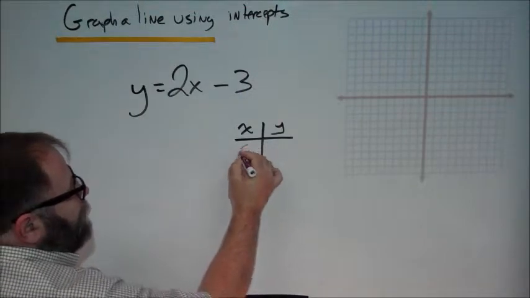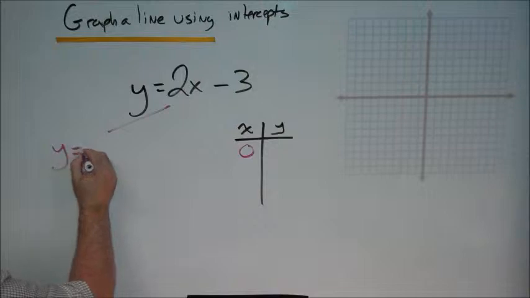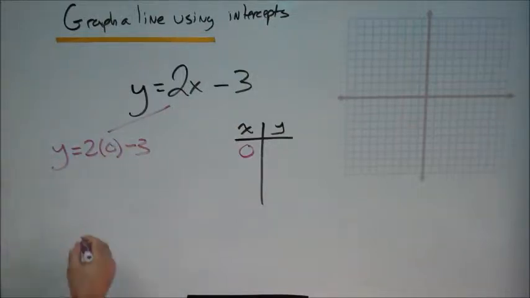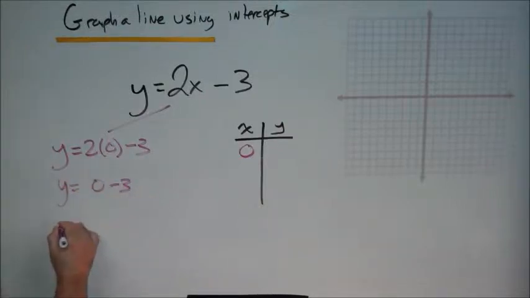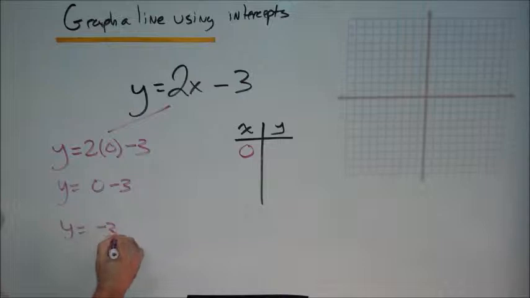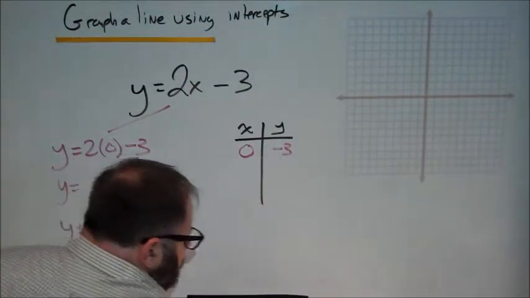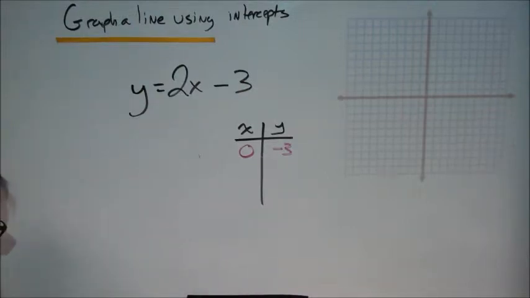So if we put 0 in for x, that's going to look like this. y equals 2 times 0 minus 3. y equals 2 times 0 is 0 minus 3. y equals negative 3. So I'm going to put negative 3 into my table. Now, I've got the y-intercept.